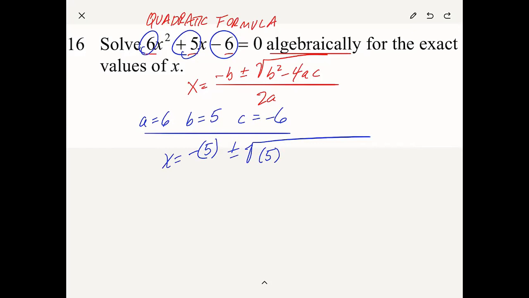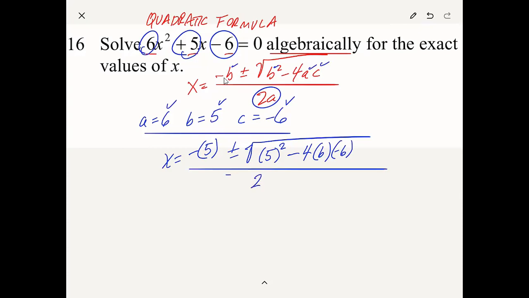Then it's going to be minus 4 times 6 times negative 6. So basically I'm taking these numbers, and wherever I see the a, the b, and the c, I'm replacing them. And then I got this little piece down here, so it's divided by 2 times 6.